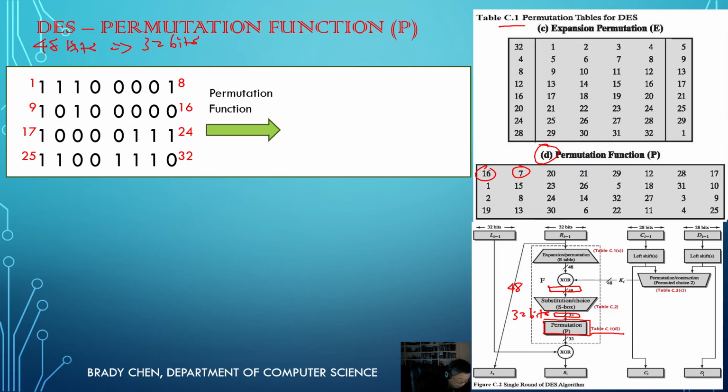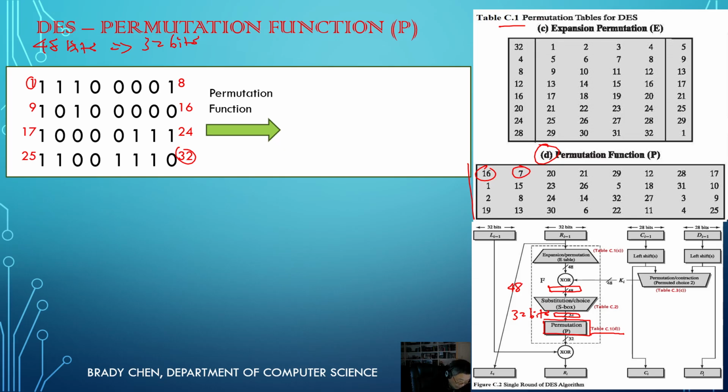So we reorganize the 32 bits into 4 by 8, because that permutation function is 4 by 8. So this is the index.